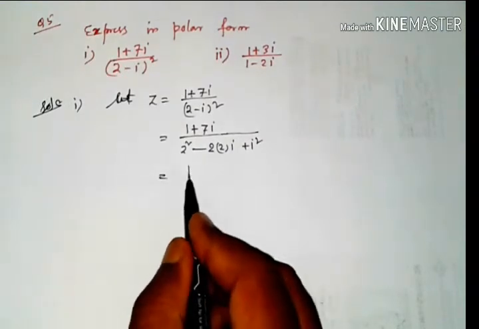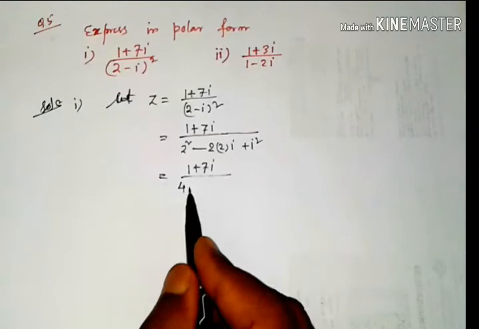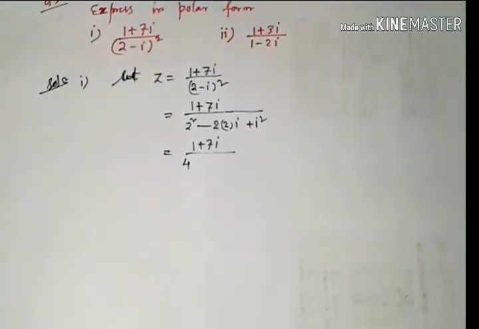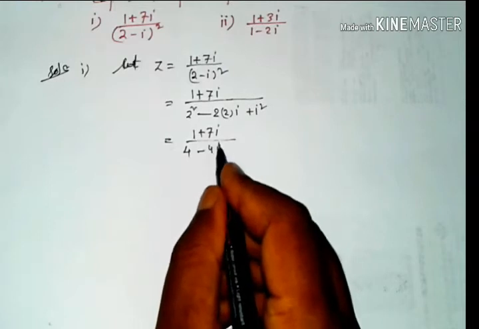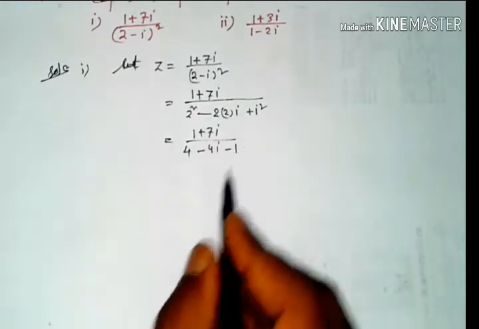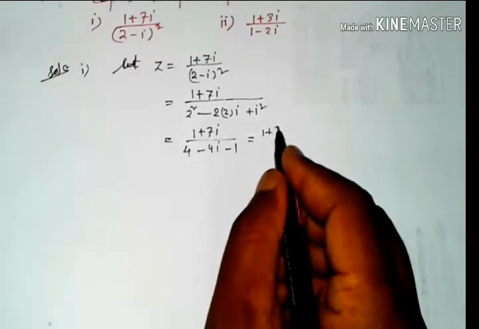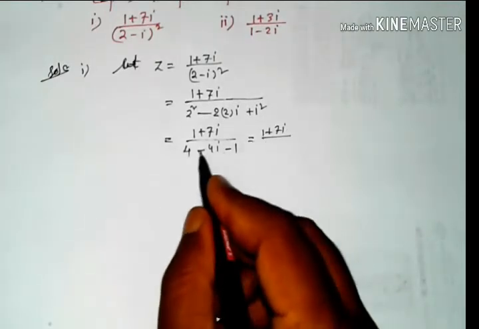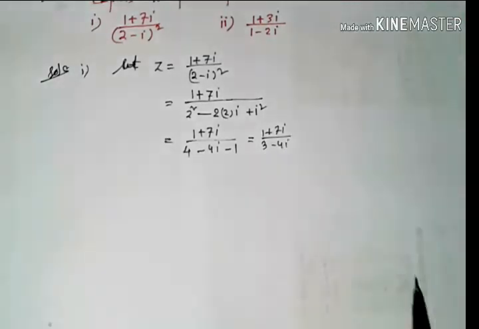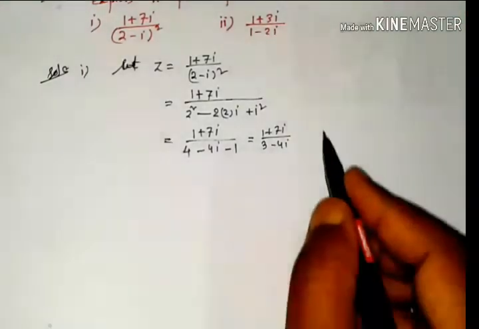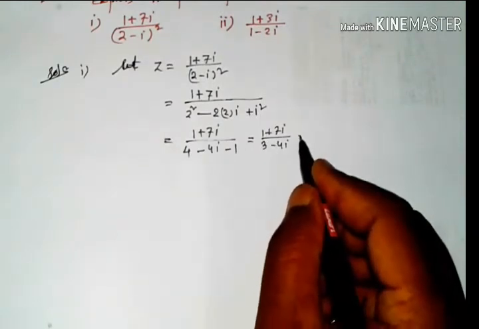That is 4 minus 4i, and i square is minus 1. Therefore, we can write 1 plus 7i over 4 minus 1, that is 3 minus 4i.